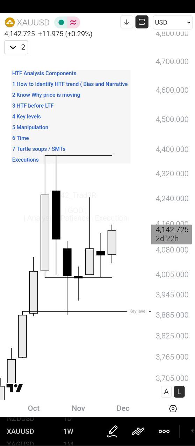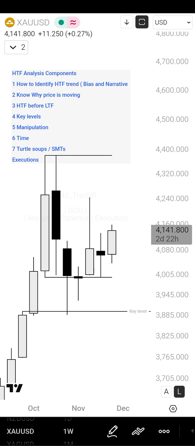So manipulation in the market simply means a fake move before you see the true intention of the market makers. Let's say you're looking for a buy setup, and the market will just treat you as if it wants to sell before you see the true buys in the marketplace.